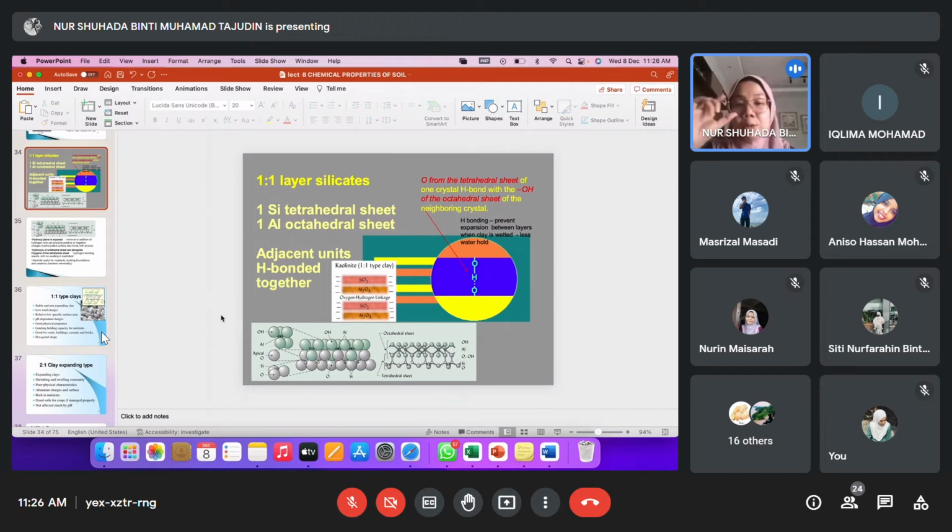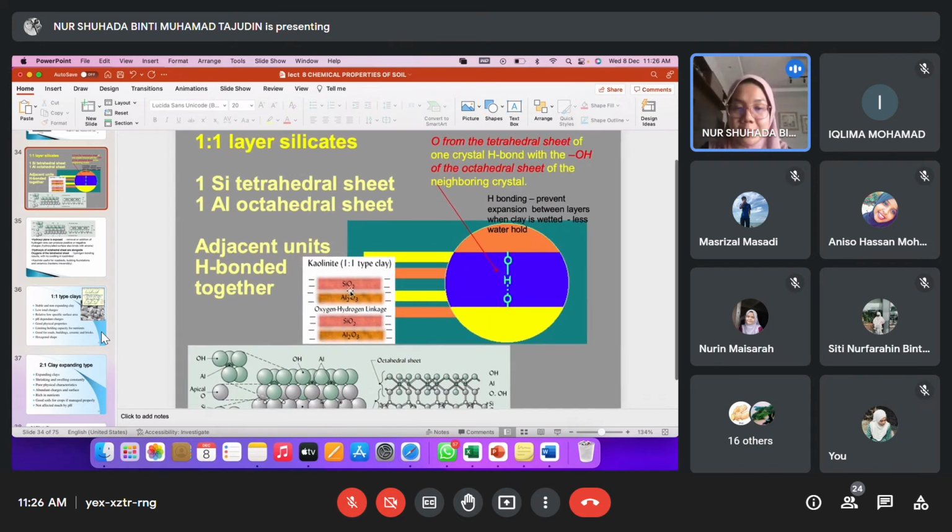The most important thing is between the layers. If you see tetra, octa, between the octa and tetra, here is O negative, here is O. So it is bound by what we call hydrogen bonding. You see here, this is the 3D structure of the sheet.